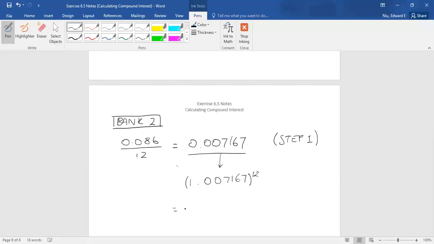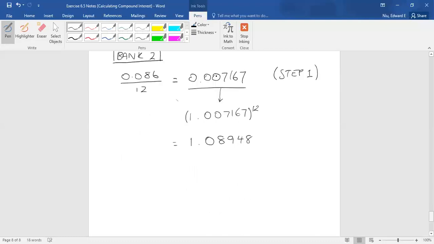So we go 1.007167 to the power of 12. This will get us an answer of 1.08948. And so that's step 2 done. So this here is step 2.